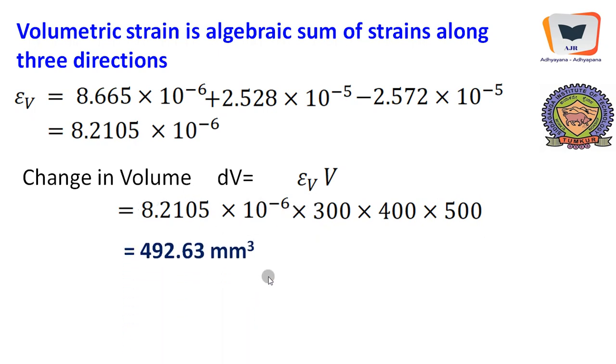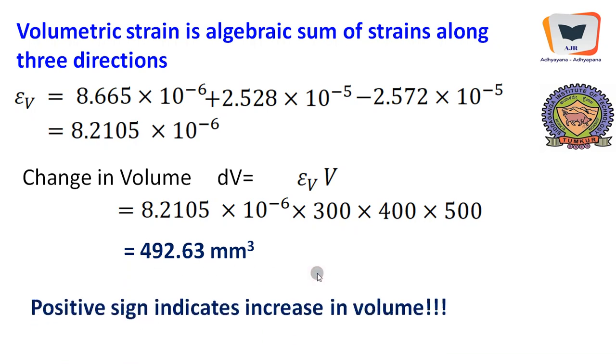So what we get is 492.63, which is a positive value. This positive value connotes that there is an increase in the volume. Of course 492.63 millimeter cube is nothing. It is a very timid quantity, but however, in order to cause such a change, huge stresses are involved. That is the point of concern, and that is the gist of our discussion.